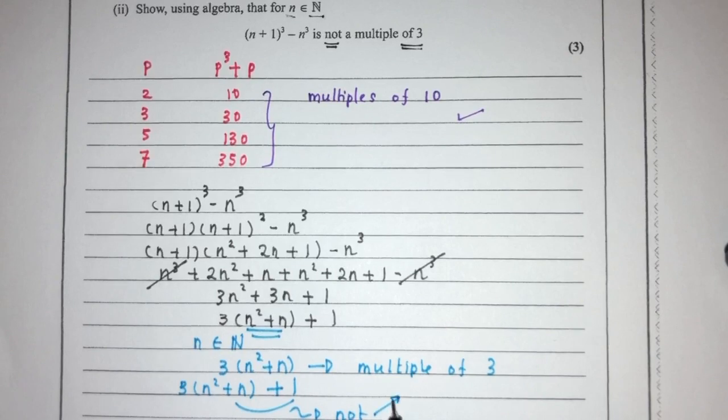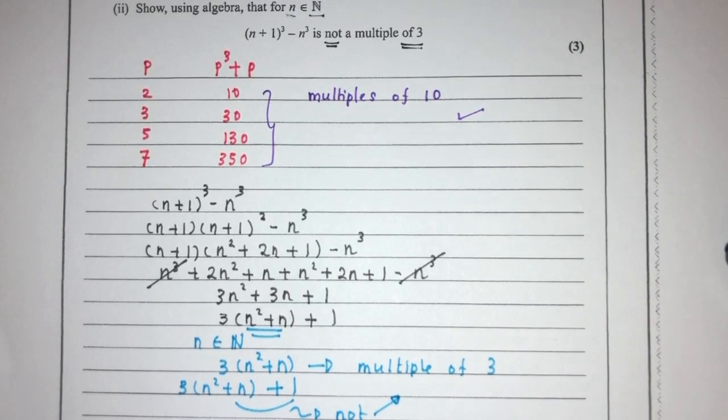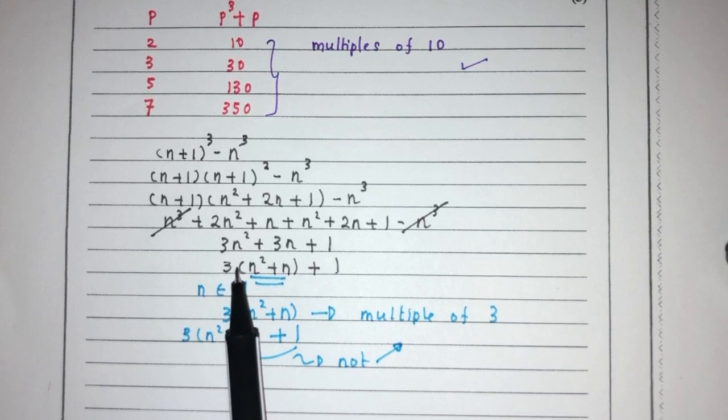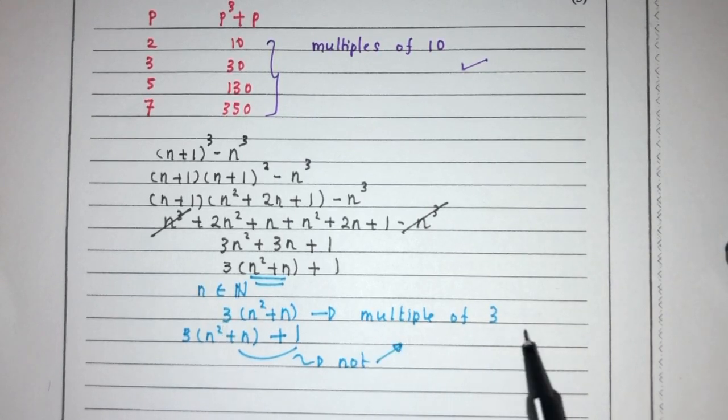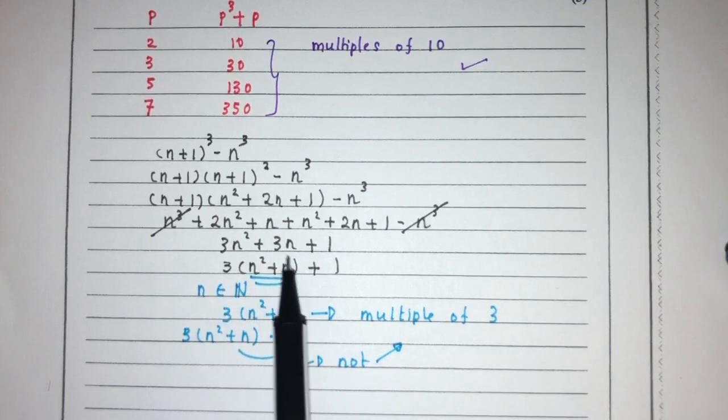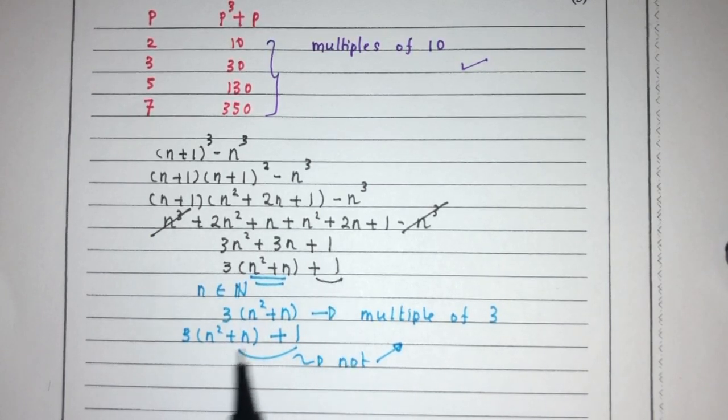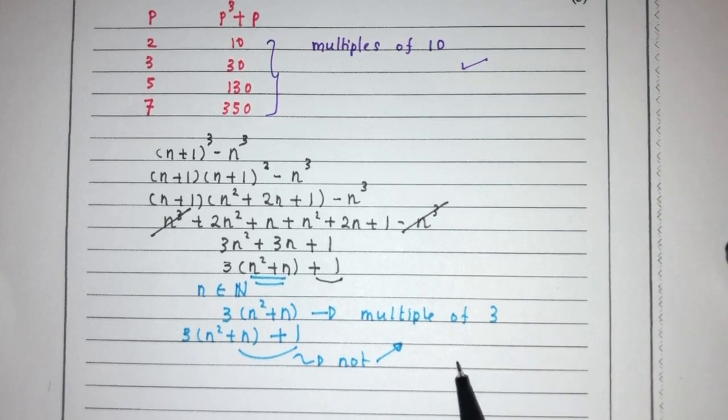That's the main idea you have to show: once you have this, you can show that 3 times this, n can be any natural number, because here we have 3 outside, it will always be divisible by 3. That's why it is a multiple of 3. Now because we have the same thing plus 1, it will not be a multiple of 3. That's the reasoning behind, and proved.